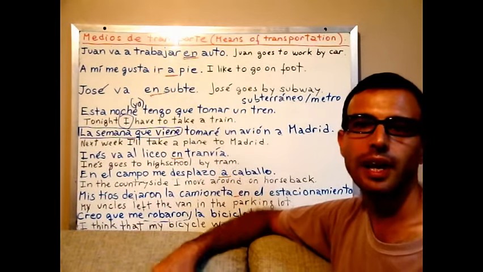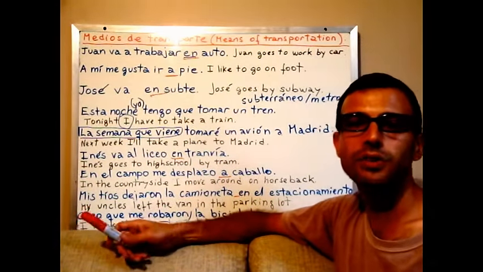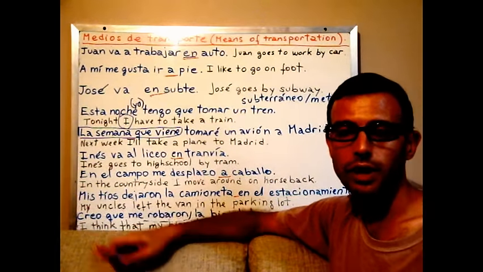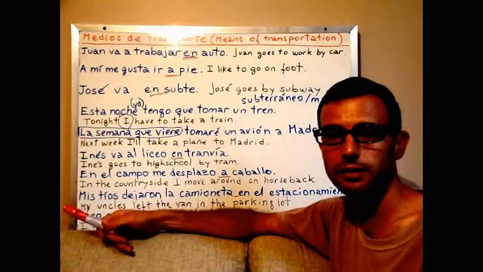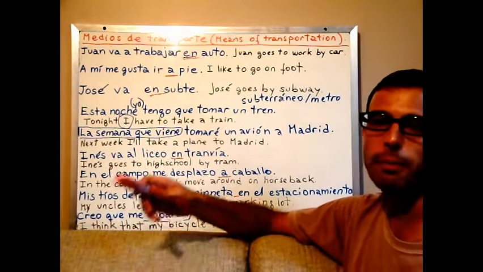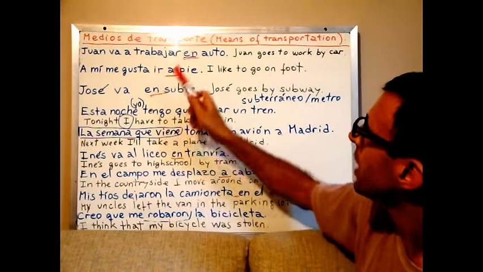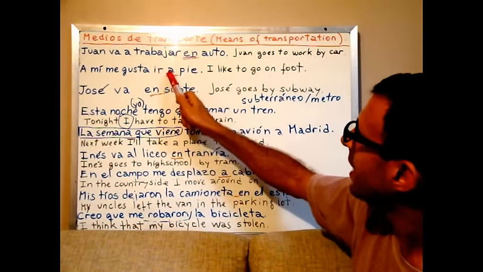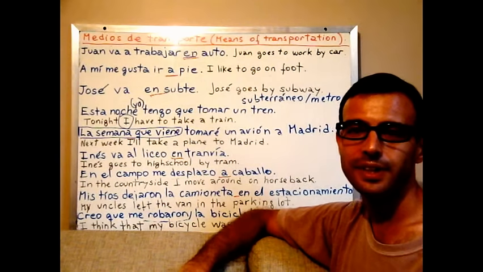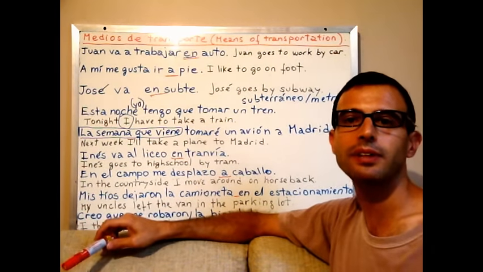Same as in English, we say I'm going on foot, I'm going on horseback, right? So by and on in English, in Spanish we have en and a. So that's all for today, and I see you in the next class.